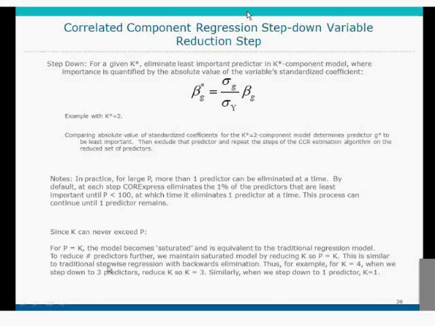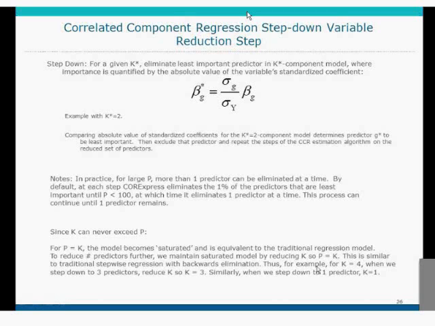Finally, one other technical issue here. For P equal to K, the model becomes saturated, equivalent to the traditional least squares regression model. But we know that K cannot be greater than P. K is always less than or equal to P. So when we're reducing the number of predictors, once we get to K predictors, we also have to reduce K so that we maintain the saturated model.